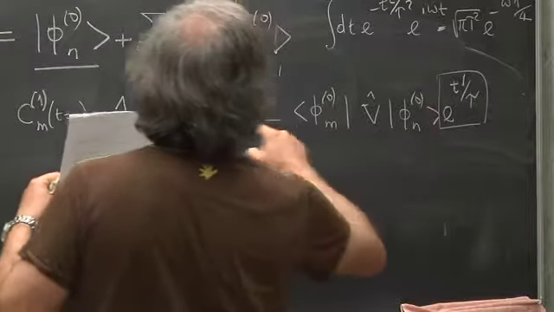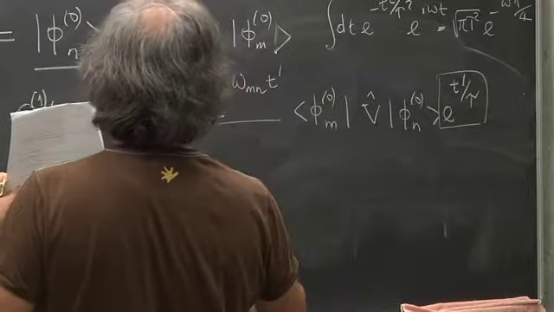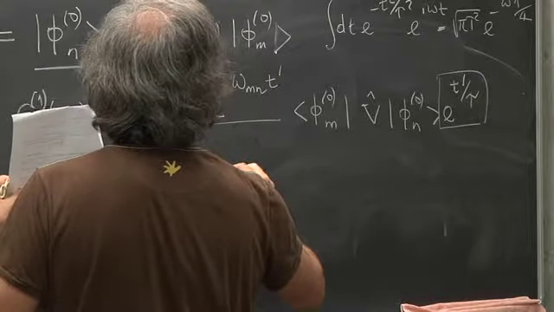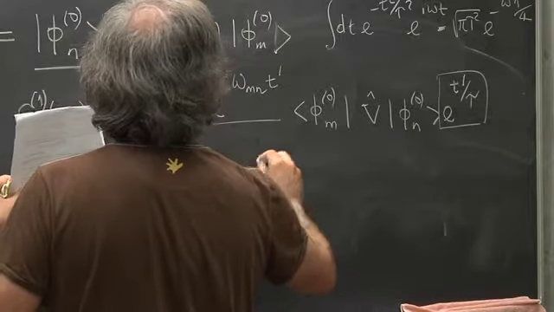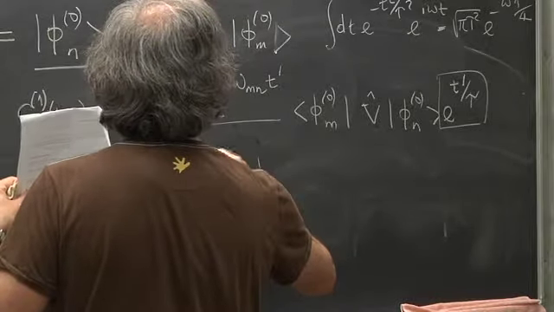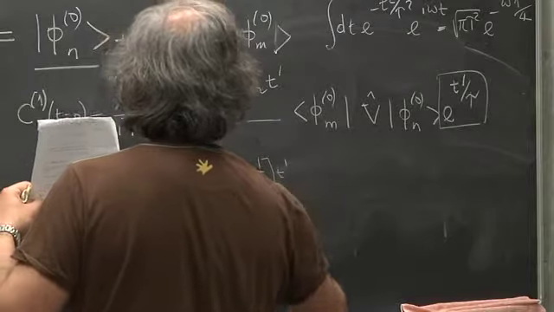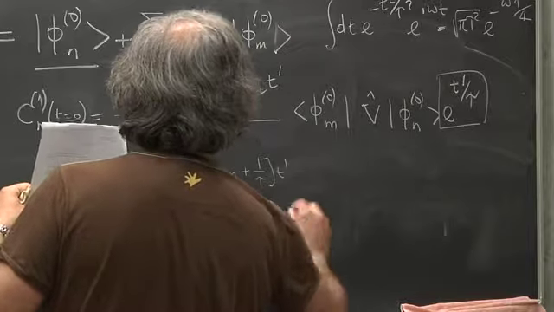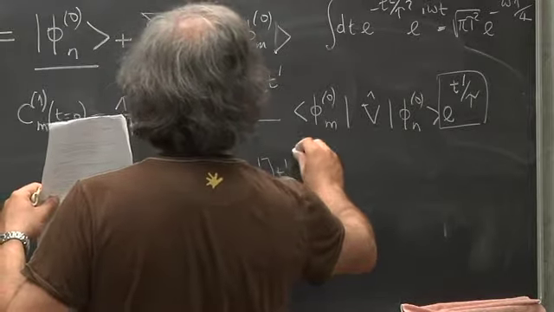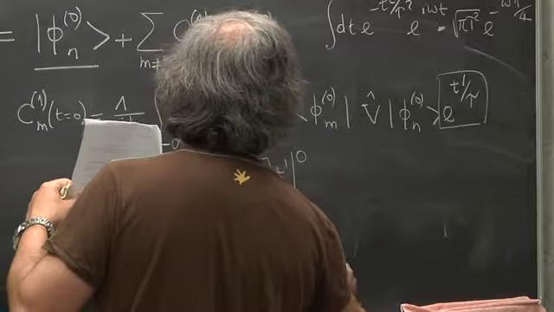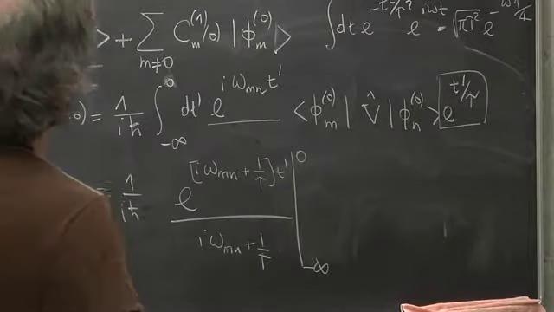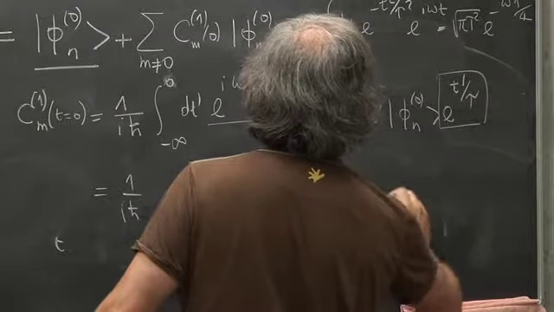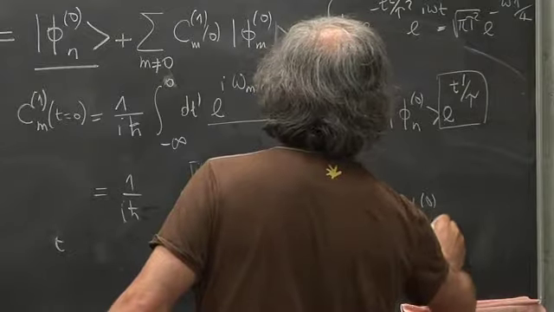The result of this integral, let's see, the primitive is e to the i omega mn plus 1 over tau times t prime divided by the same thing. And all this has to be evaluated between minus infinity and 0. And then it has to be multiplied by phi 0 m V phi 0 n.